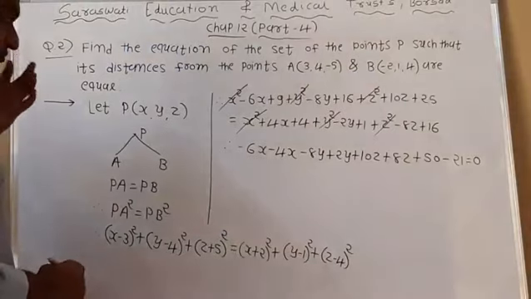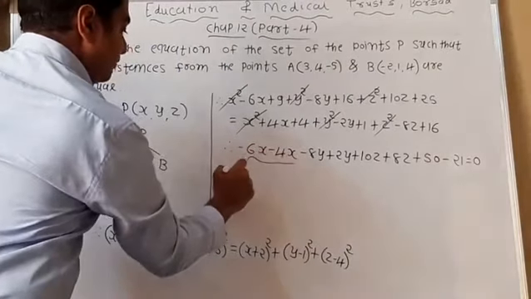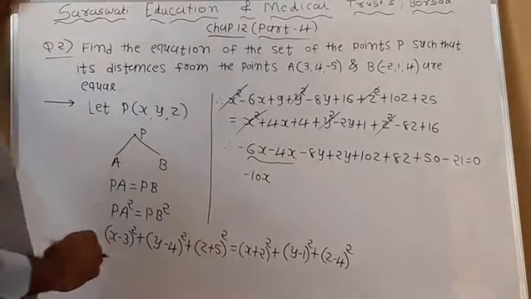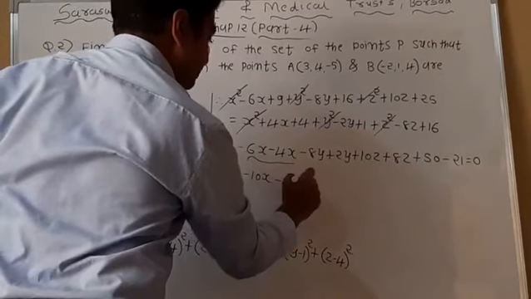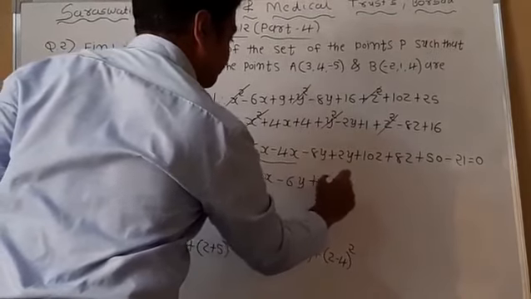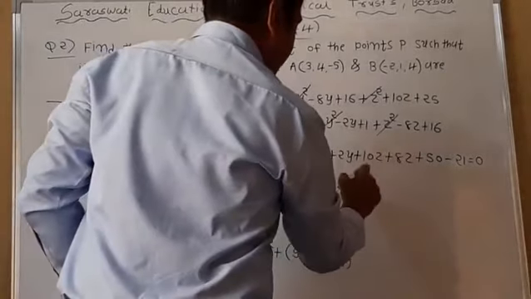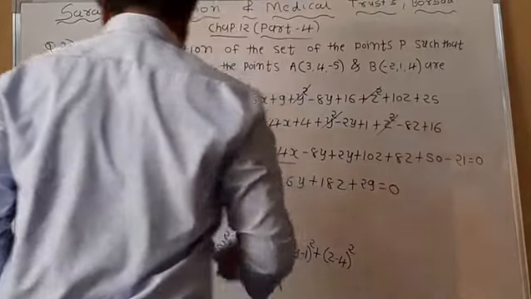Now minus 6x minus 4x means minus 10x, minus 8y plus 2y means minus 6y, plus 18z. 50 minus 21 means plus 29 is equal to 0.